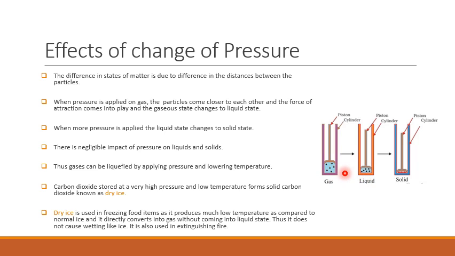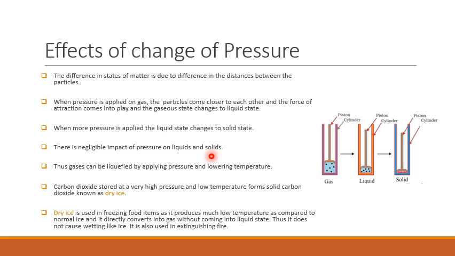Now when more pressure is applied, these particles would come more closer to each other, and hence they can be solidified. So thus, if I apply more pressure to liquid state, then it would change to solid state. So this generally happens when we apply pressure on gases, but there is negligible impact of pressure on liquids and solids because they are incompressible.